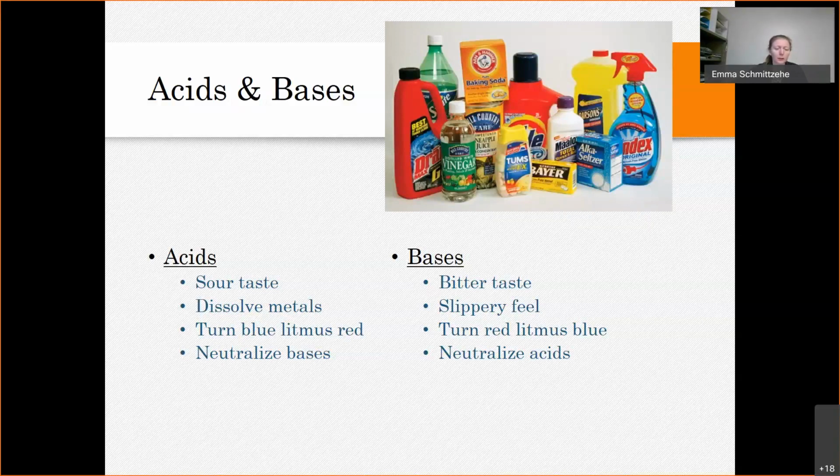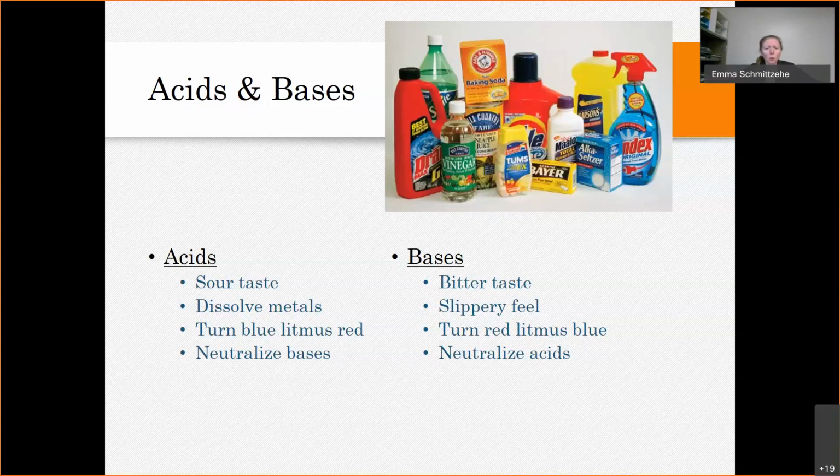Now, of course, when we go in the lab, we're not tasting things, but everyday chemicals can be acids and bases, or they can contain an acid or base, and that can affect the taste. So things that tend to have a sour taste typically are acids or acidic in some way, whereas things that are more bitter tend to be bases.